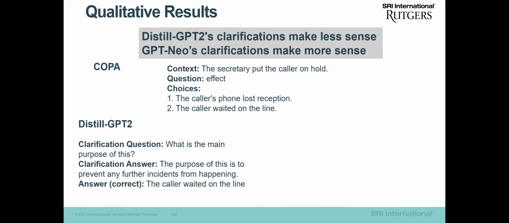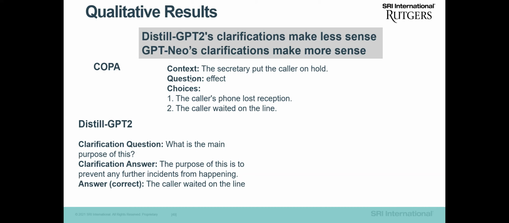And what we find, interestingly, is that the larger models actually have clarifications that make more sense. So this is what I wanted to say, that we cannot make a blanket statement that these large models do not understand anything. At least based on our work, it looks like as the model is increasing in size, the clarifications that you generate with the larger model actually make more intuitive sense.